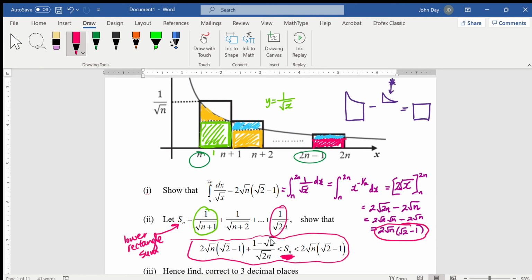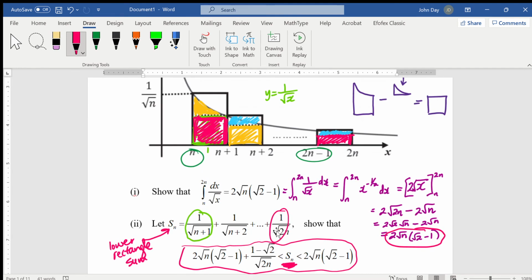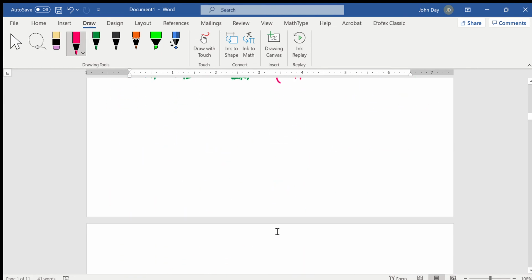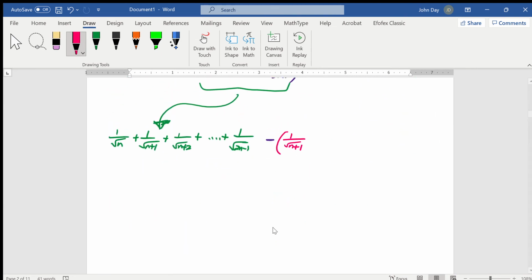The lower rectangle sum starts with this height here that I'm colouring in, so that's 1 on root n plus 1, and they're all times by 1 because they've got a width of 1, so the area of that rectangle is 1 on root n plus 1, and the next one's 1 on root n plus 2, and it goes all the way up to 1 on root 2n. So 1 on root n plus 1 plus 1 on root n plus 2 plus all the way up to 1 on root 2n minus 1 plus 1 on root 2n.